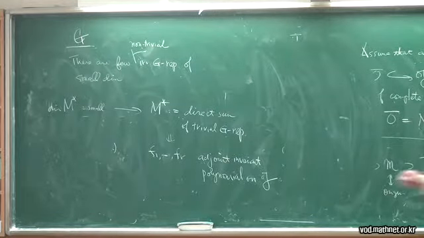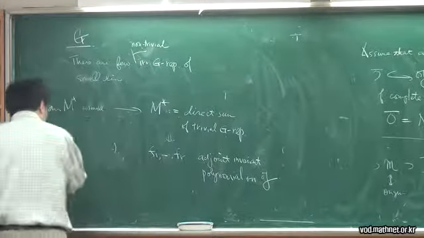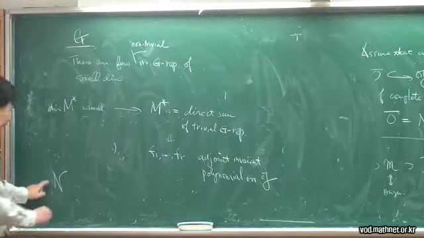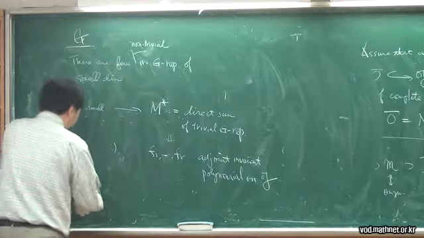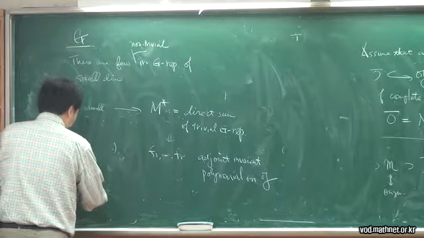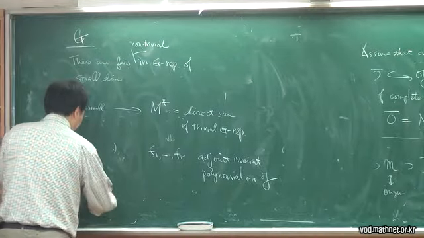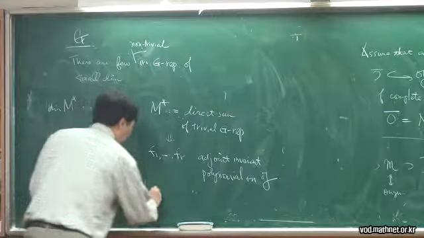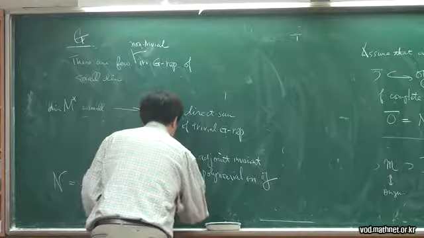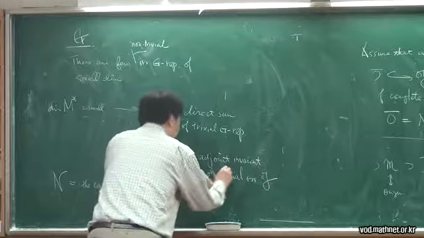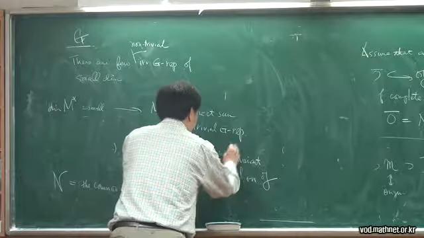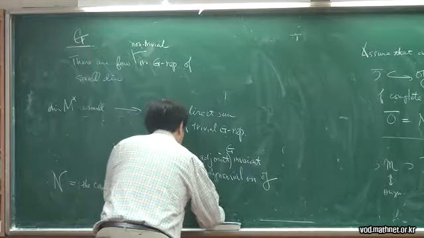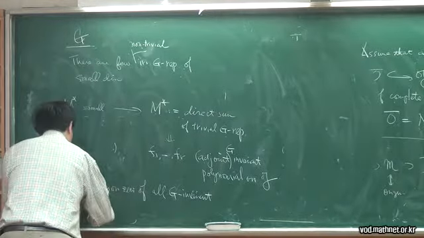On the other hand, what is N? N is the nilpotent variety. The nilpotent variety is actually just the common zeros of all G-invariant adjoint polynomials.